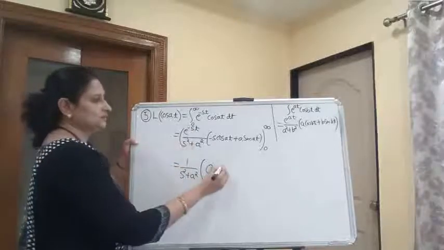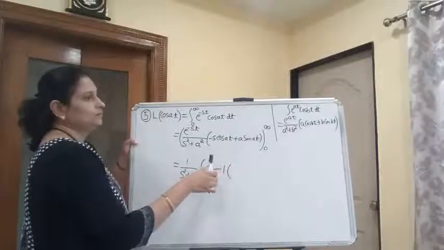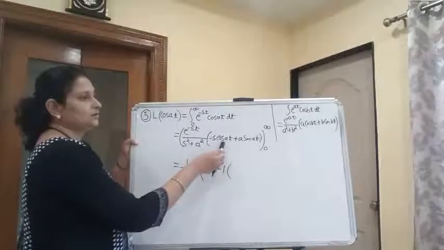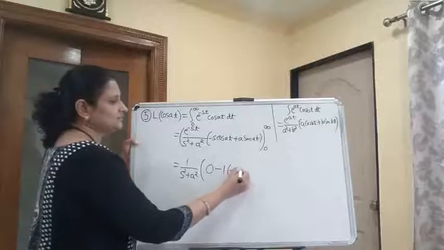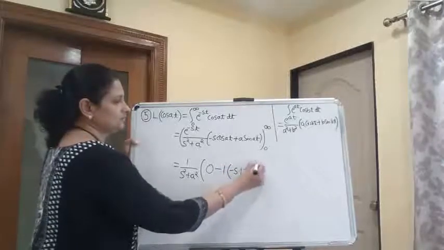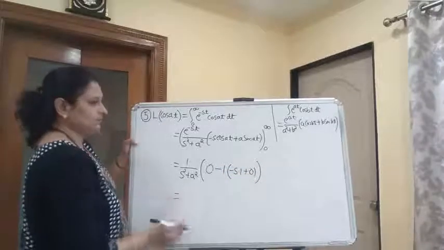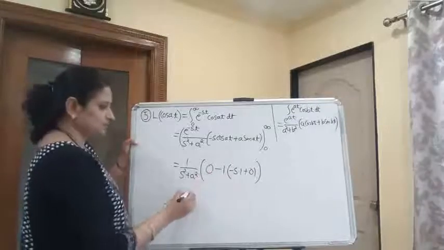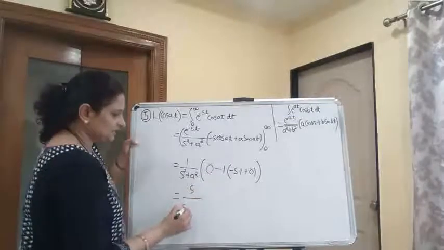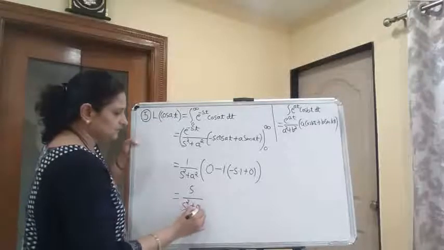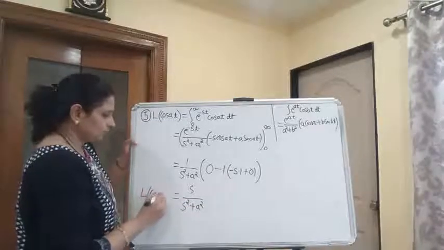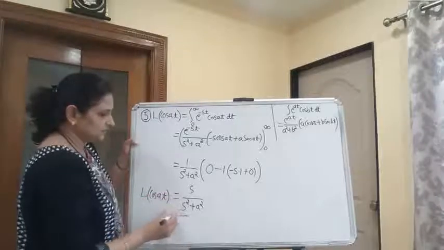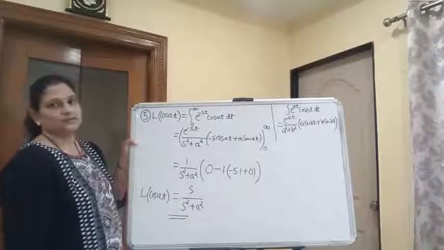E power 0 is 1 into, putting t as 0, cos 0 is 1, sin 0 is 0. So it is minus s into 1 plus 0. So that is equal to minus of minus plus s. So it is s by s square plus a square. So Laplace transform of cos at is s by s square plus a square.